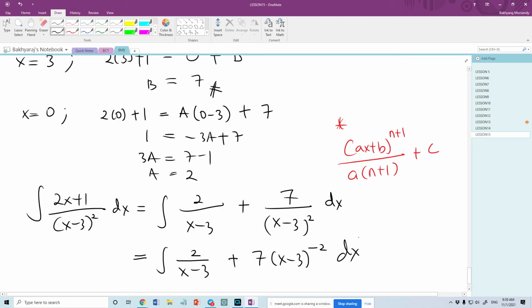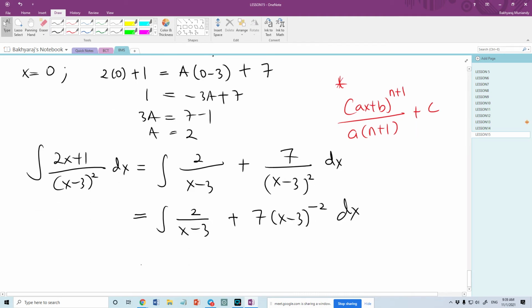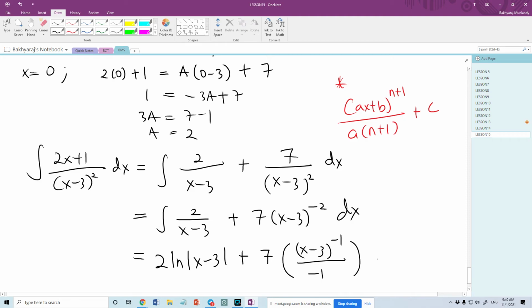You go one by one. So you get log, 2 first. We put 2 log x minus 3 plus 7, and then bracket x minus 3 to the power of negative 1, because negative 2 plus 1 becomes negative 1, over negative 1, close bracket plus c.